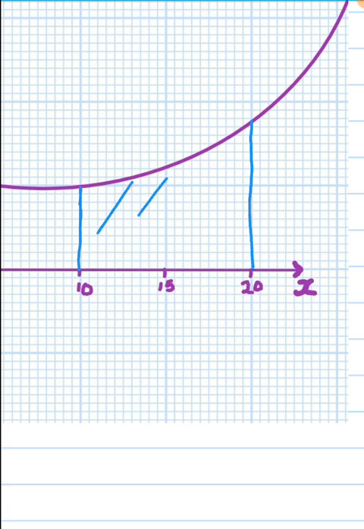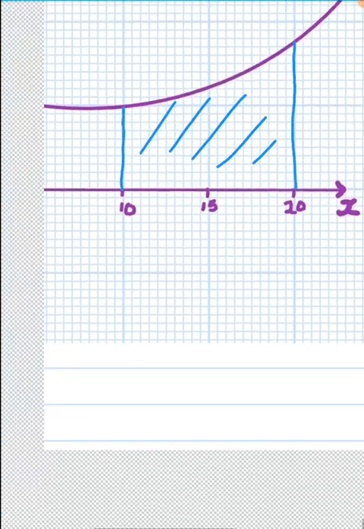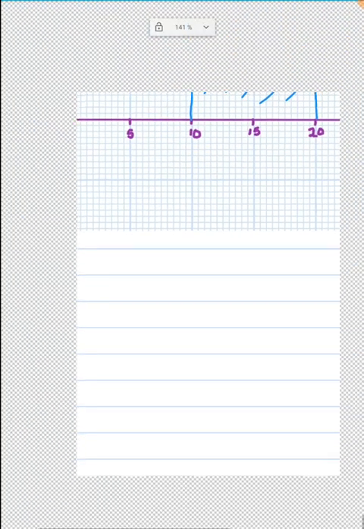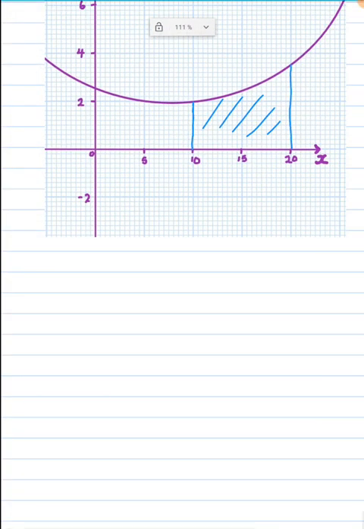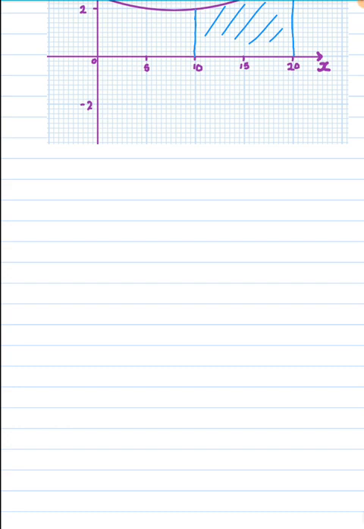So in other words, this is the area that we want to find. First of all, we would have to look at finding the area of the smaller box. So we have our solution.